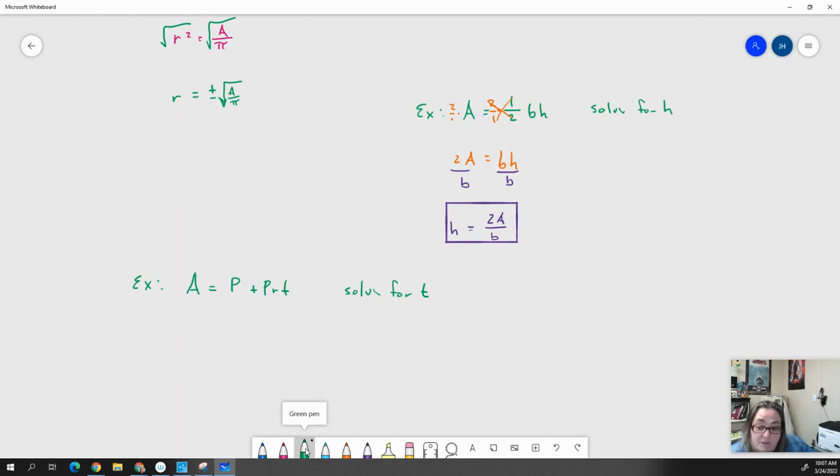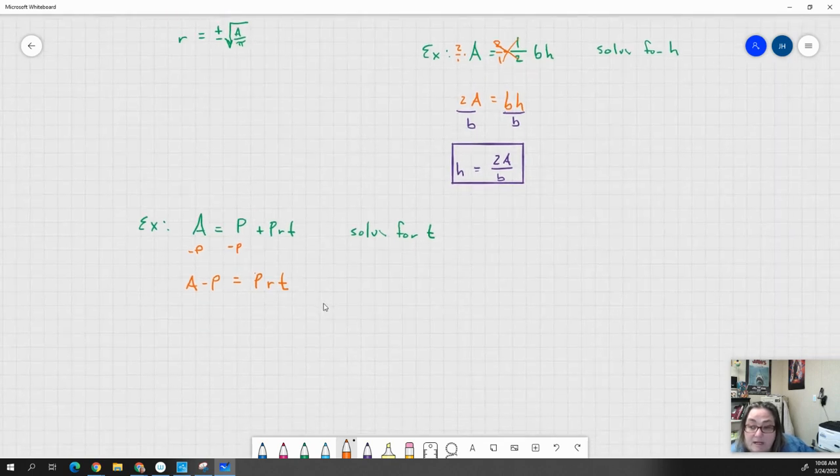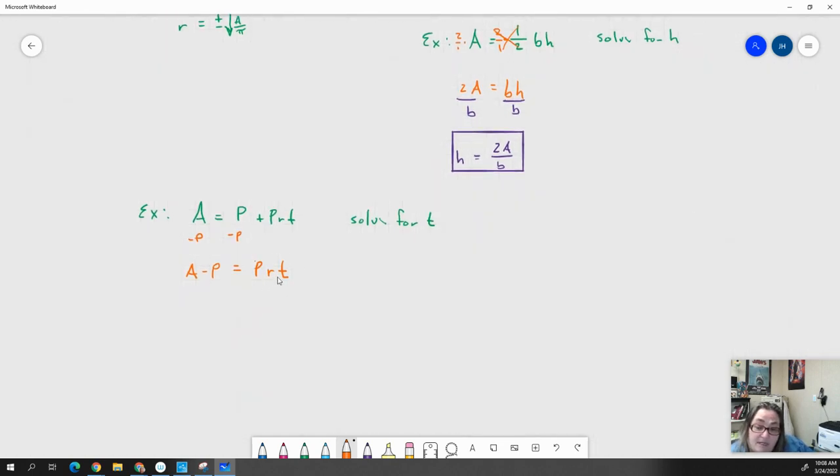First thing I'm going to start doing is I'm going to subtract this P that's being added. So I'm going to go minus P. I get A minus P equals PRT, right?